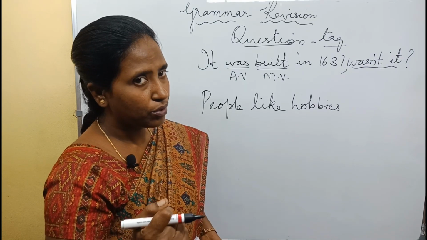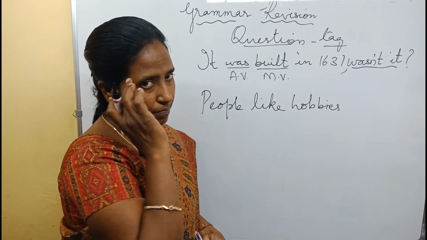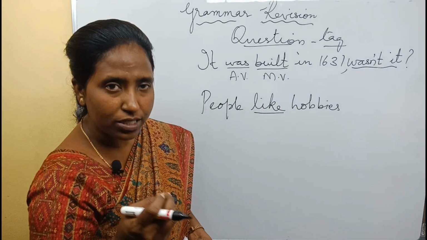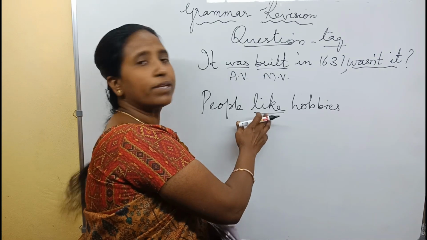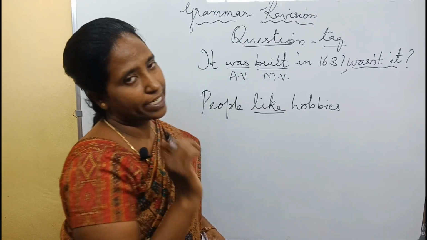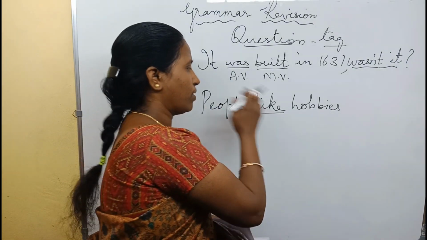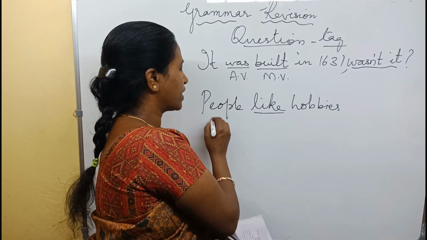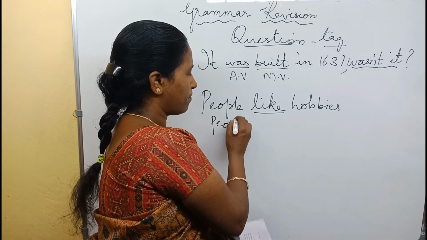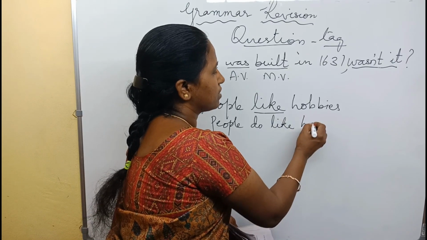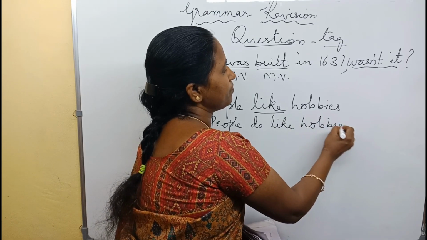Then what to do? When there is no auxiliary verb, you have to pick the auxiliary verb from the verb itself. Whatever one single verb is there, you have to split it. I will tell you how. People like hobbies becomes: people do like hobbies.